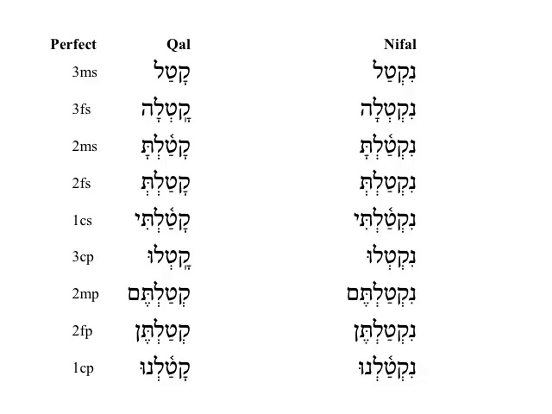We'll take a moment to work through some of the main comparisons. Here we have the kal, katal, katala, katalta, katalt, katalti, katalu, kataltem, katalten, katalnu. Then you'll notice the nifal over here, and these each have the noon prefixed to the beginning of the root.